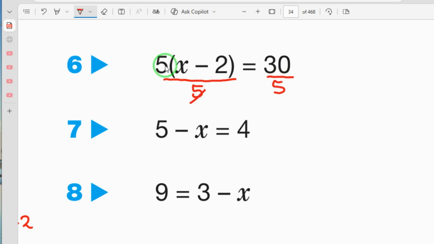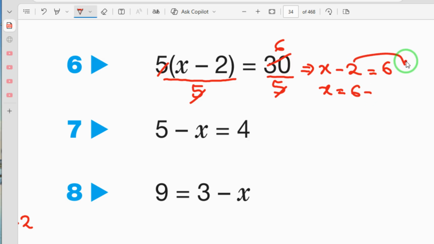We simplify by 5, only x minus 2 remains, equal to 30 divided by 5. 1 times 5 is 5, 6 times 5 is 30. So it equals 6. We bring this minus 2 and it becomes positive plus 2. So x is equal to 6 plus 2, which becomes 8. This is the answer.